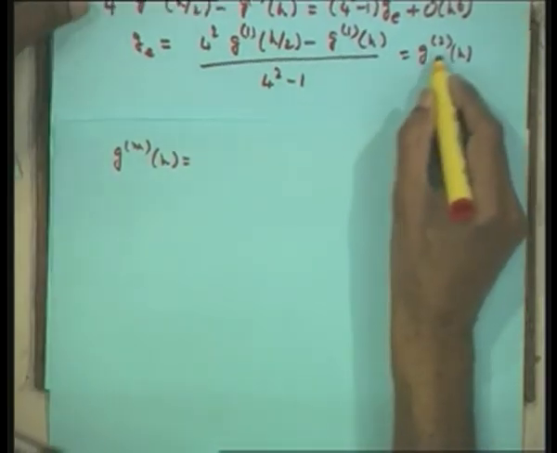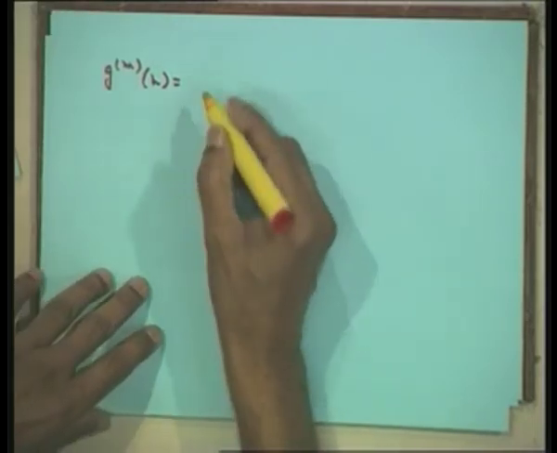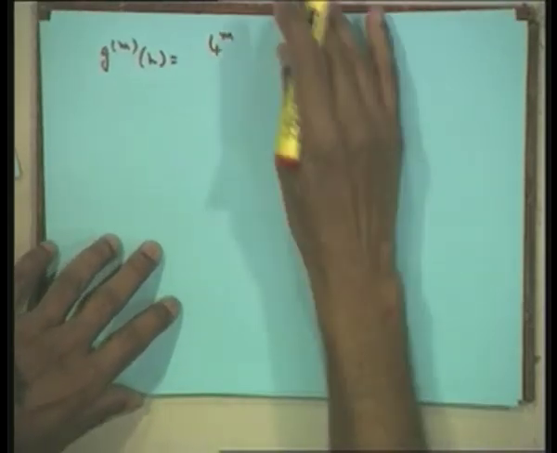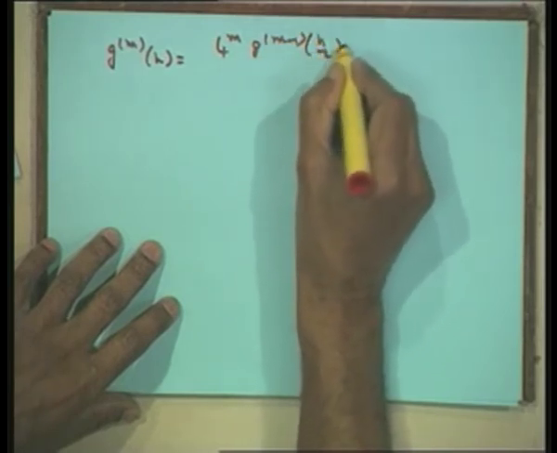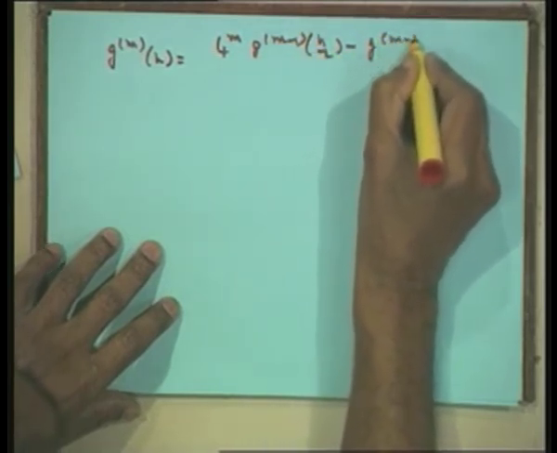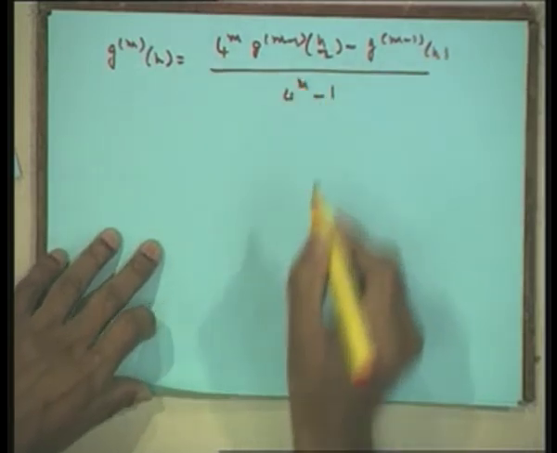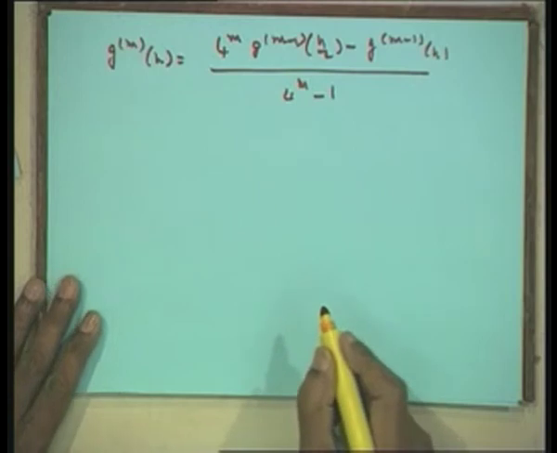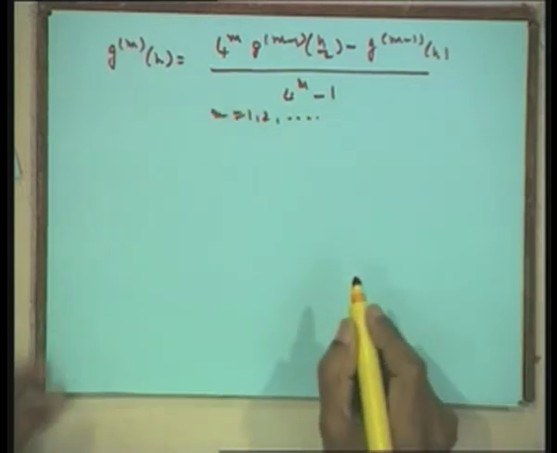I am now writing the column of this: G_m(h) is equal to 4 to the power of m G_(m-1)(h/2) minus G_(m-1)(h) divided by 4 to the power of m minus 1, where m is equal to 1, 2, 3 and so on.